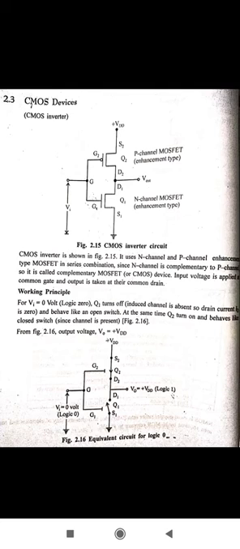So in this case it acts like a switch. Q2 is on, and when Q2 is on, VDD is directly connected to the output voltage, so the output is high when we provide 0 voltage.